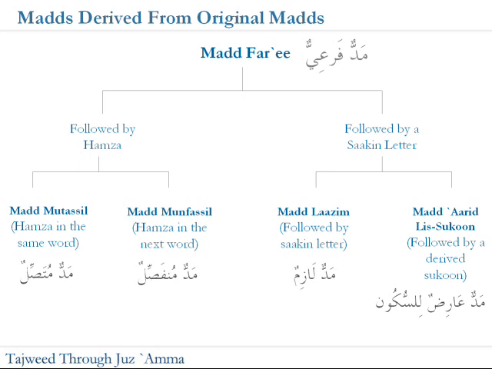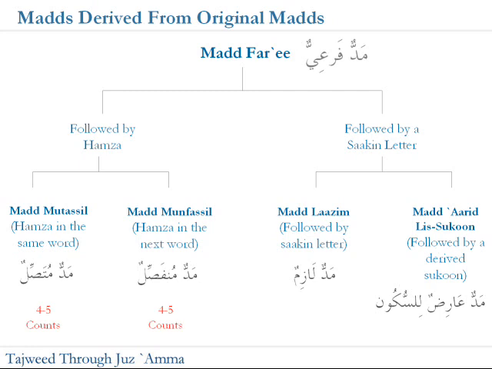If the original mad is followed by a derived sukoon, then it's known as mad arid lis sukoon. Now the derived sukoon we'll explain in a minute on a completely separate slide.